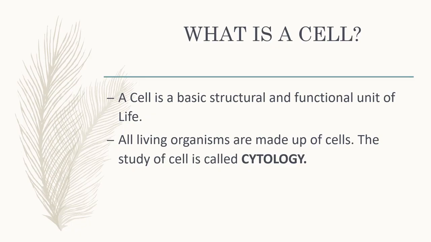In an organism, cells are organized to perform different functions and work together with a common aim, and that aim is to sustain life. Therefore, we define a cell as a basic structural and functional unit of life. I repeat, a cell is a basic structural and functional unit of life.